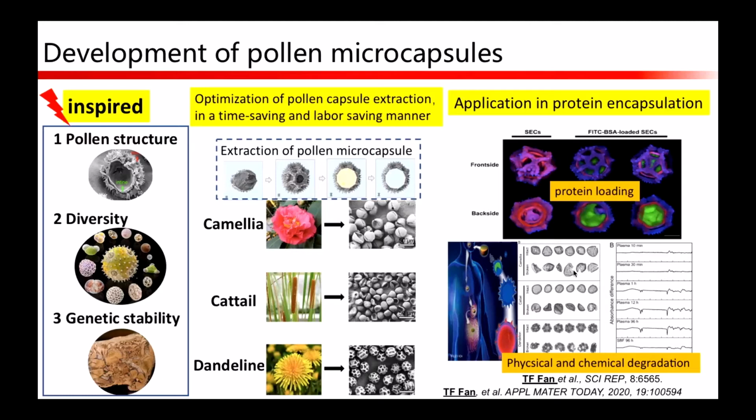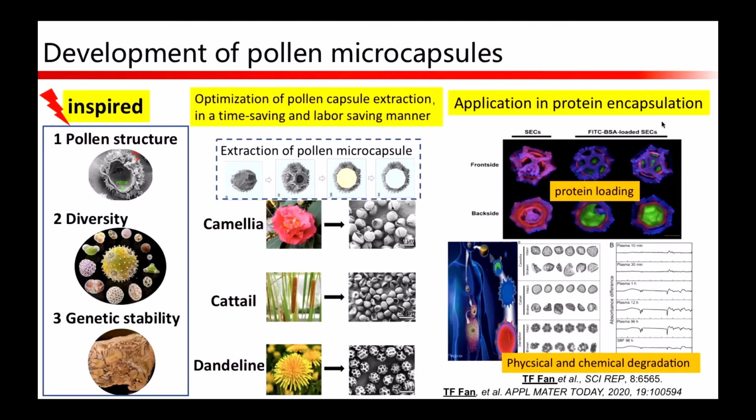Our work is to optimize the pollen capsule extraction in a time-saving and labor-saving manner. Traditionally, it takes 1 or 2 weeks to extract the pollen microcapsule. Now we can make it within several hours.